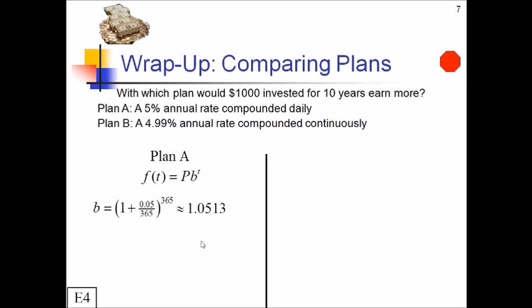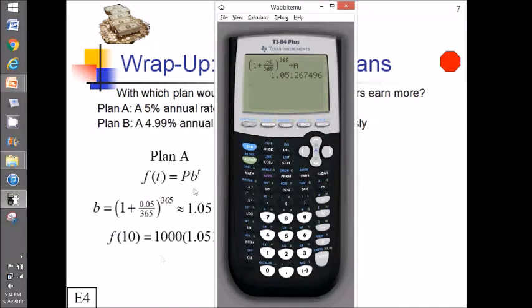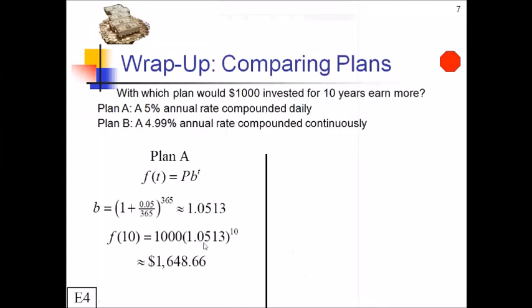Using that now, we're going to have 1,000 times the exact version of this to the 10th power. And back to the calculator for that now. So 1,000 times alpha A raised to the 10th power gives us $1,648.66 approximately. All right, now for Plan B. Let's see if we can beat that with continuous compounding.